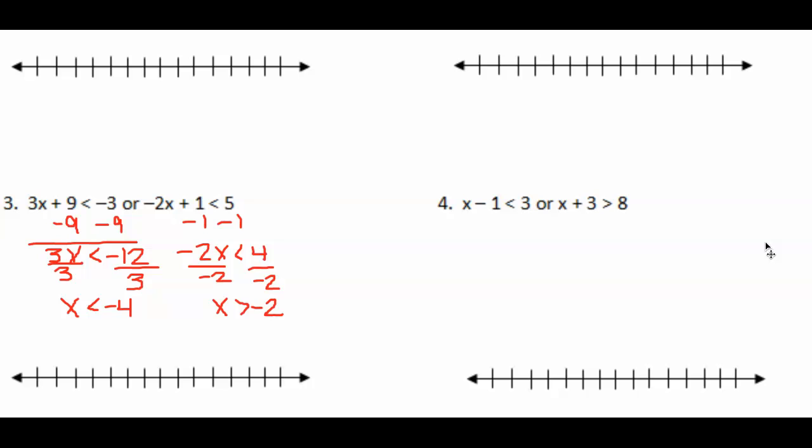So I have x is less than -4. Open circle, shade left, open circle, shade right. So again, x is either less than -4 or greater than -2.